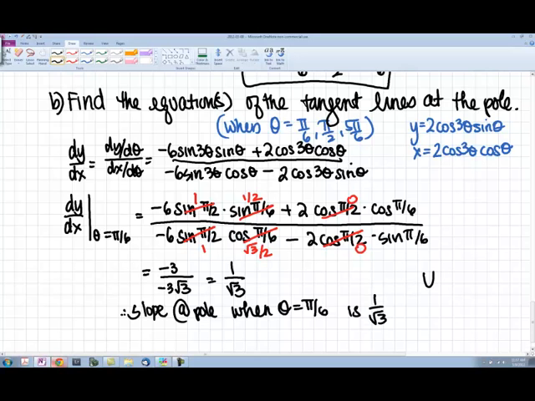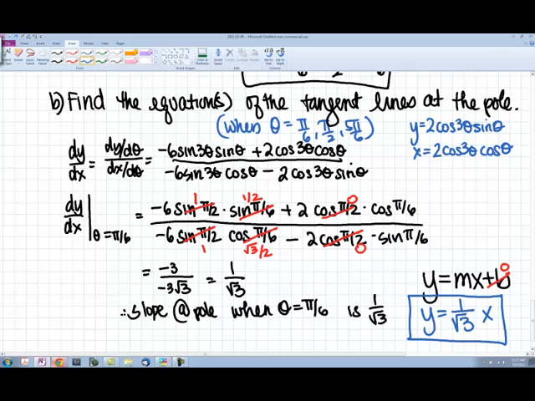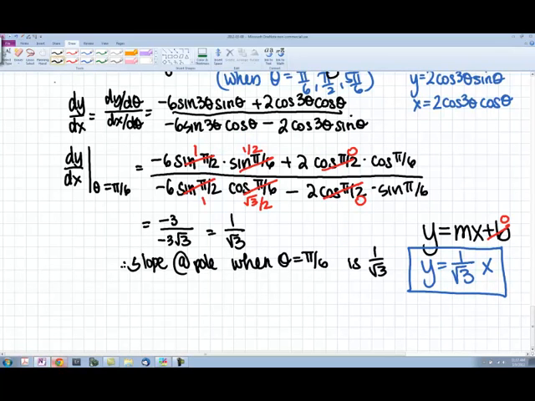So because we're at the pole, I know that the b in my equation y equals mx plus b is 0. So the equation of the line that I need is y equals 1 over radical 3 x. So what we need to do to finish off this problem is to calculate the slope just like this for each of the other two remaining angles.